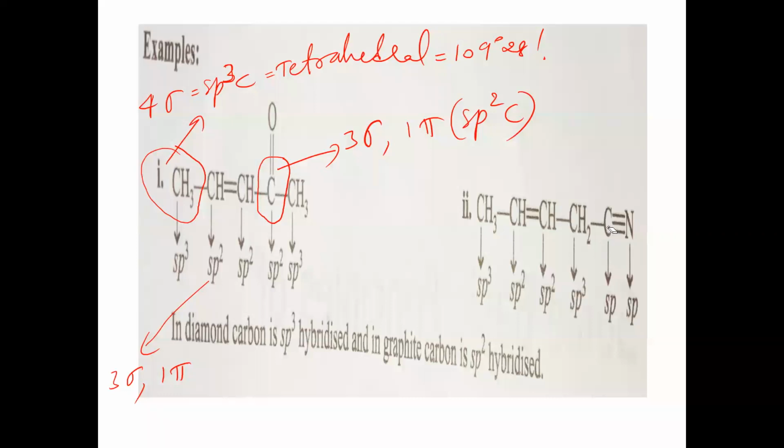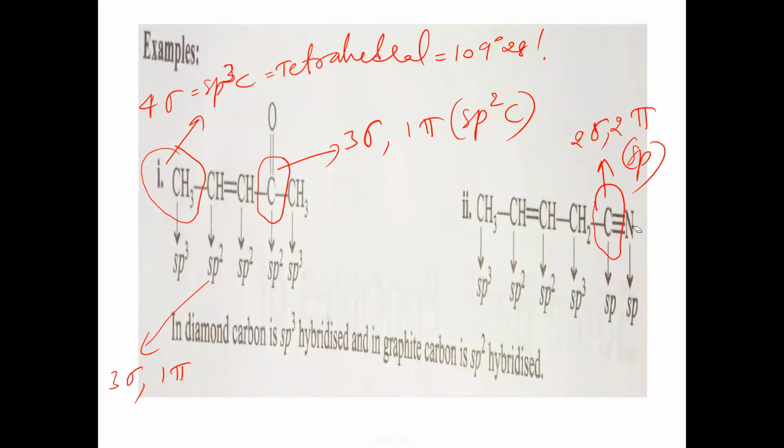And this carbon has around it how many sigma and how many pi bonds? Check it. Around this carbon there are two sigma bonds: one sigma bond with carbon and one sigma bond with nitrogen. The remaining are two pi bonds. So two pi bonds and two sigma bonds. Therefore, it is an sp carbon atom.